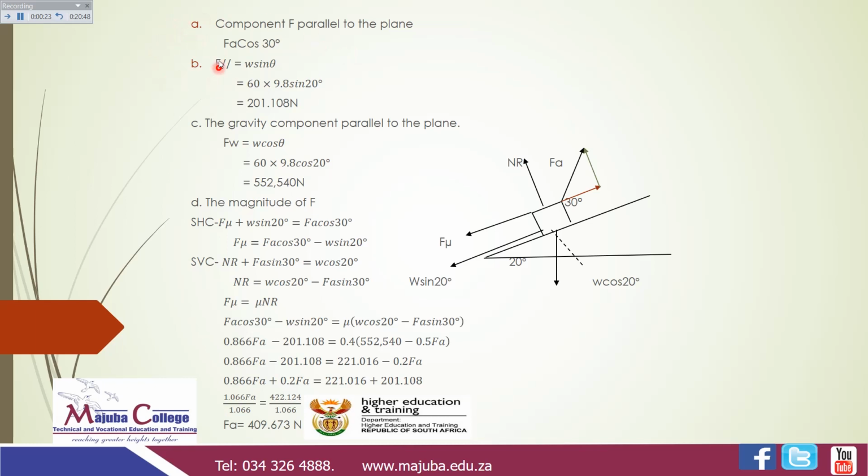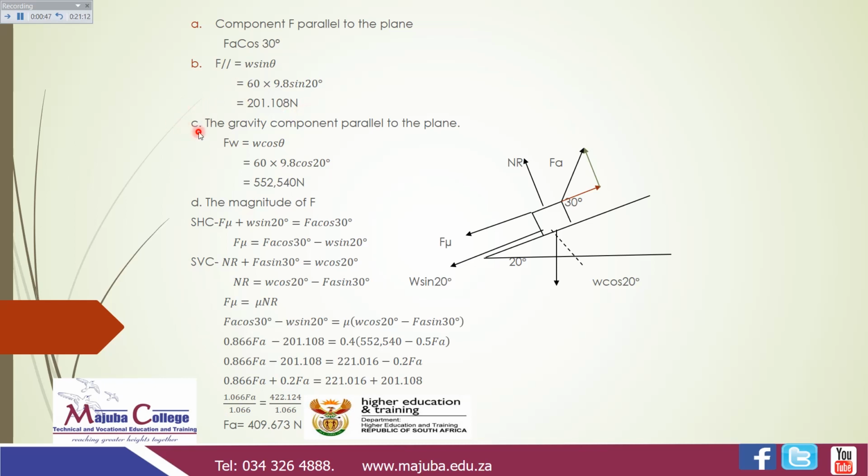For B, the parallel weight component will be W sin 20, which will be 60, which is the mass of the object, times 9.8 sin 20. Then you'll get 201.108 Newton.